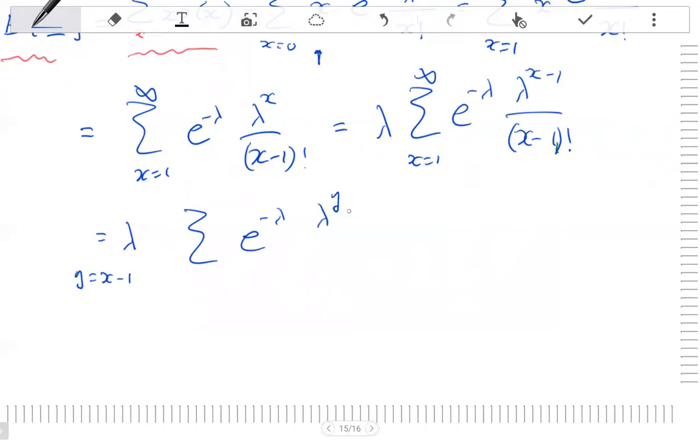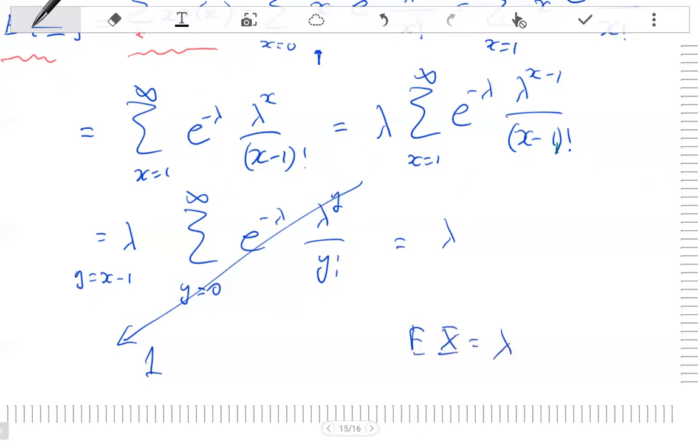And as x goes from 1 to infinity, y will go from 0 to infinity. This is exactly the sum we started with. We know this sum adds to 1. So this whole thing is simply equal to lambda. What we've shown is that the expected value of a Poisson variable is equal to lambda without doing any actual sums. All we did was recognize a sum.